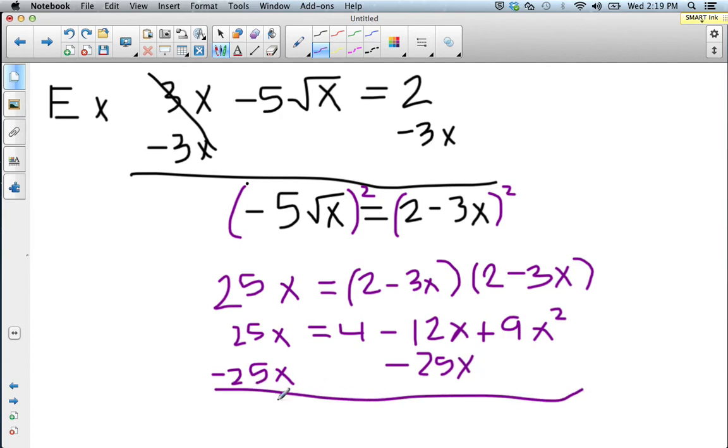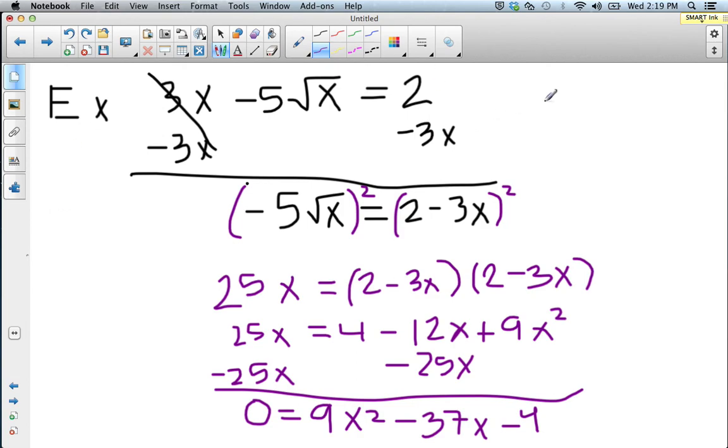We end up with 0 equals, I'm just going to rewrite this in order, 9x squared minus 37x and then minus 4.